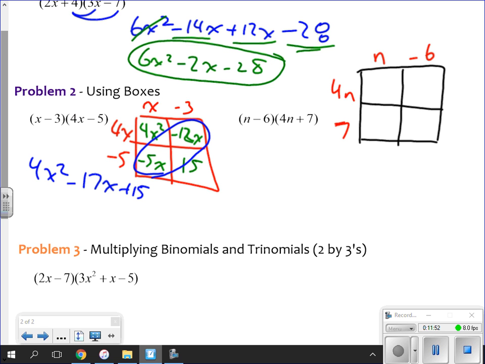If you don't have it exactly the same way I do, the only difference will be these two diagonal ones will be switched, but your final answer will be the same.